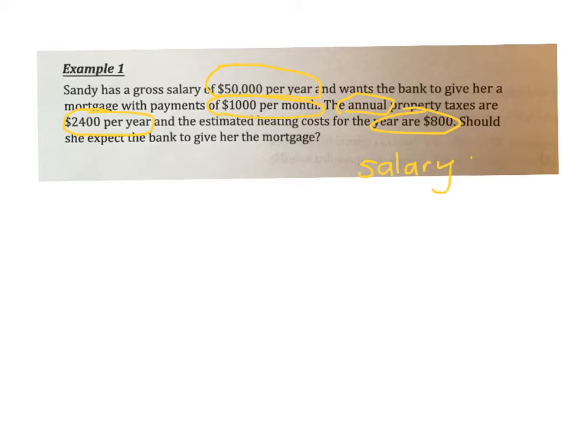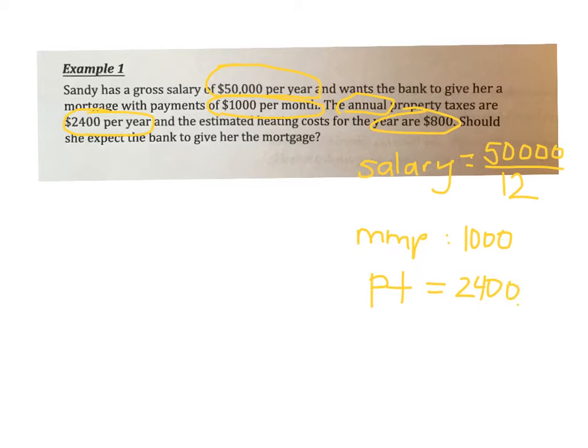Now in the gross debt service ratio, everything is per month. So you're going to have to take all of the numbers that aren't represented for a month and change them into a month. If they were for a year, then I'm dividing by 12. The monthly mortgage payment, MMP, is already per month, so that's $1,000. Property taxes were $2,400, so I'm going to have to divide those by 12 as well. And then last is the heat.